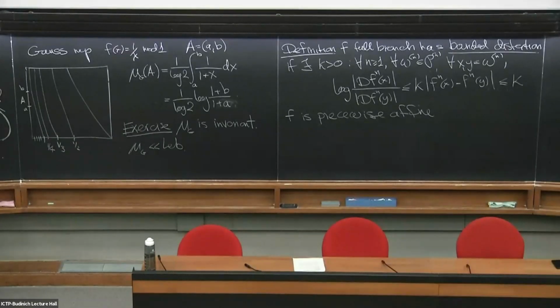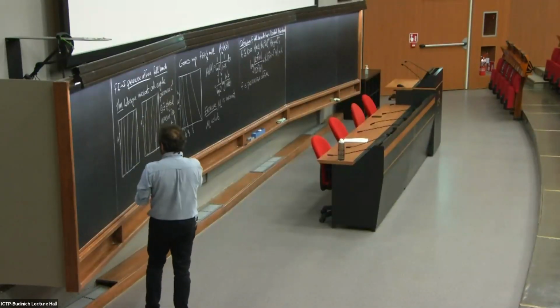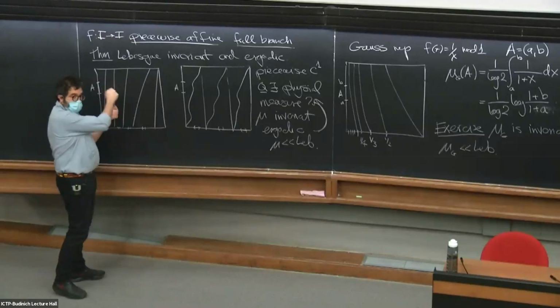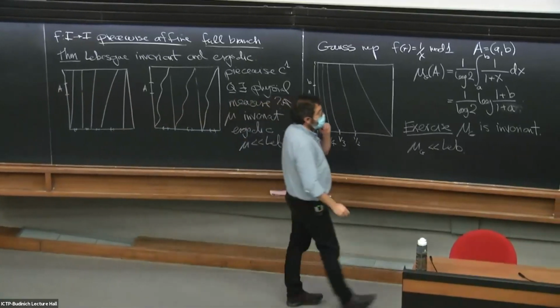Exactly. So piecewise affine means that on each branch, the derivative is constant, right? And if your map is piecewise affine, all the iterates of the map are also piecewise affine, okay? So if you take any 2 points inside one element of omega n, and you take the derivative at any 2 points, it will be the same. That's what piecewise affine means, right?